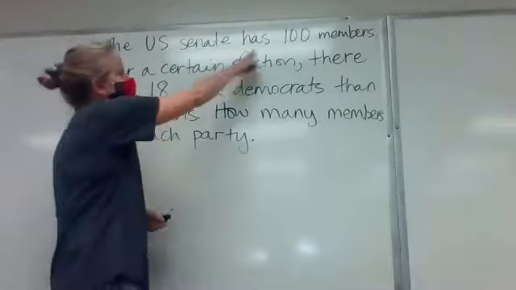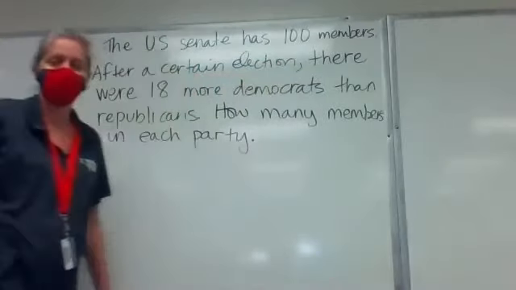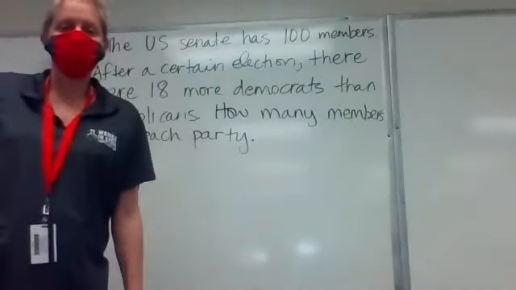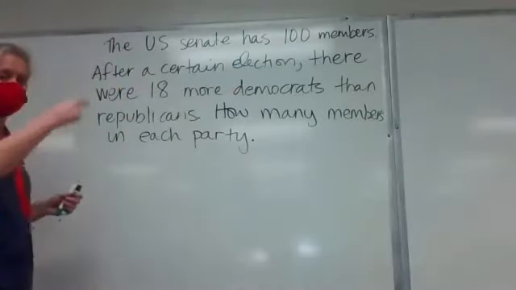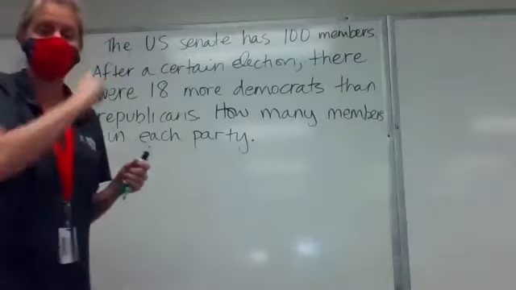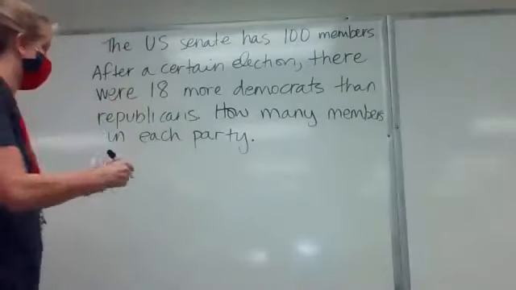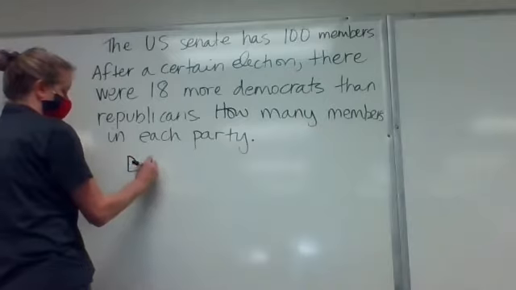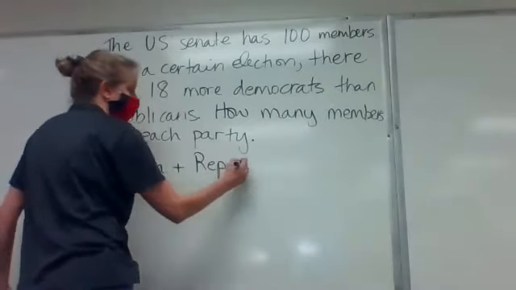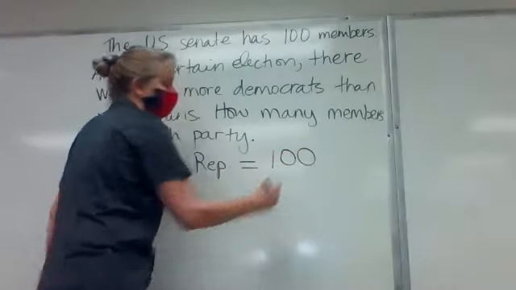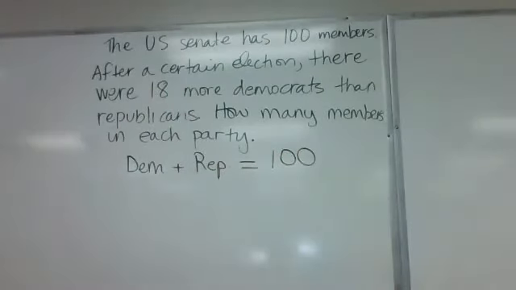Well, it tells me the Senate has 100 members. There's so many Democrats and there's so many Republicans, and if you add those two parties together, they should equal 100. So let's write that down. There should be Democrats plus Republicans. However many there are of each of those should equal, when I add them together, 100, right?